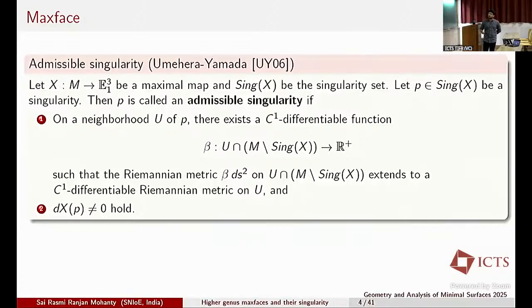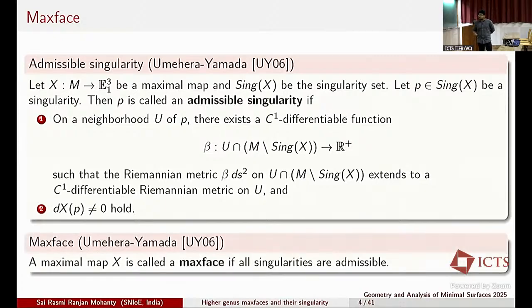If a maximal map contains only admissible singular points, it is called a Maxface. This is a subclass of maximal maps, and I am going to construct this type of surface in this presentation.